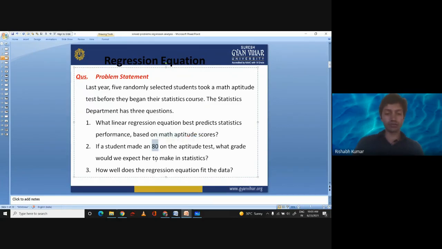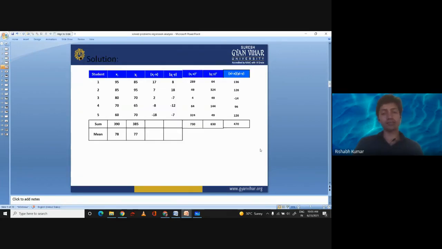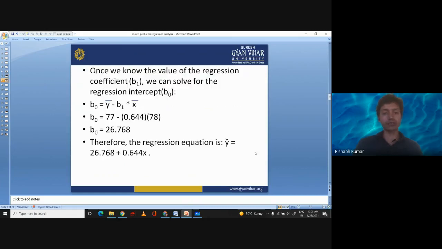So they are asking what would be the value of y at x equal to 80. We will simply put the value of x as 80 here, and we will get the value of y.